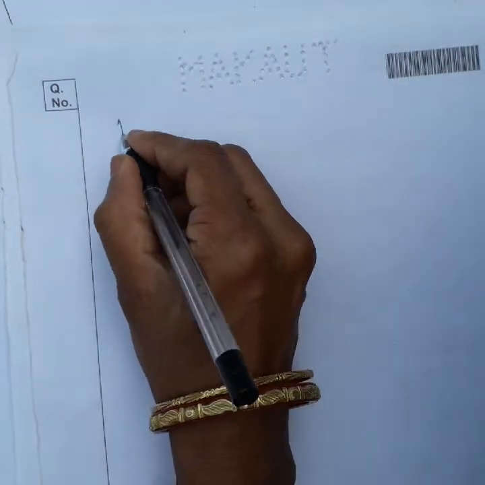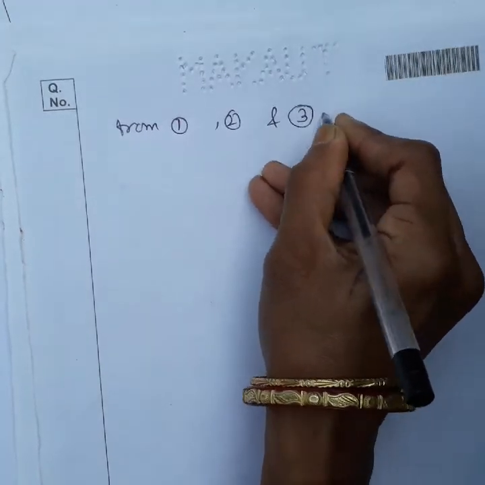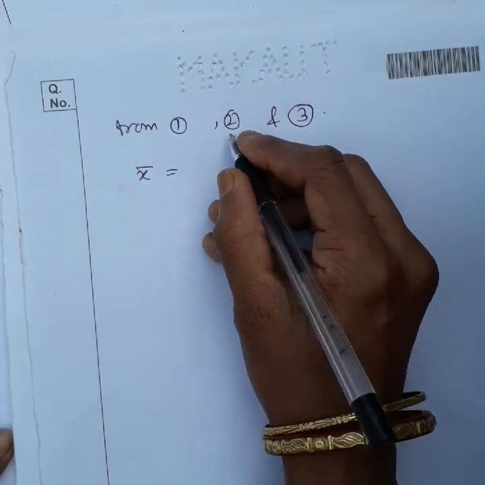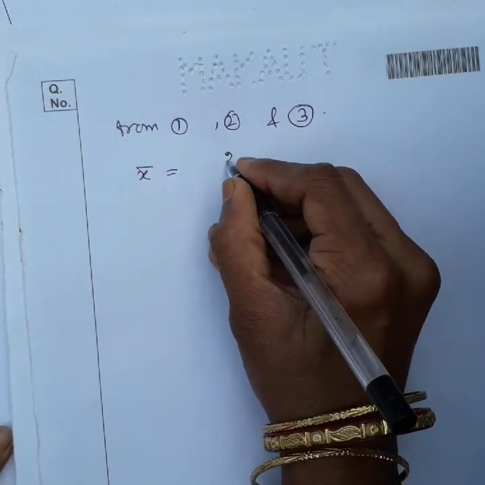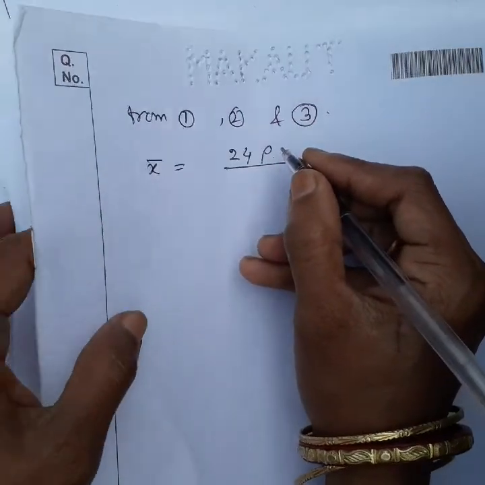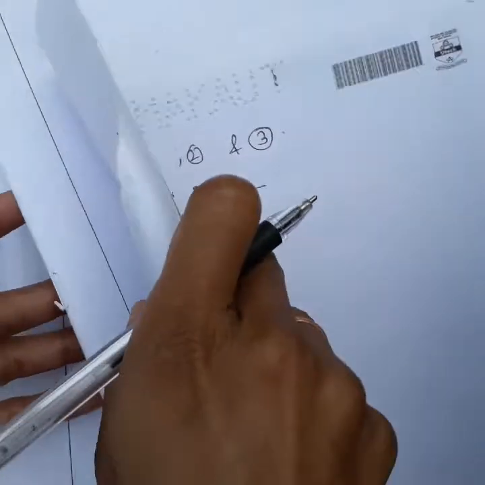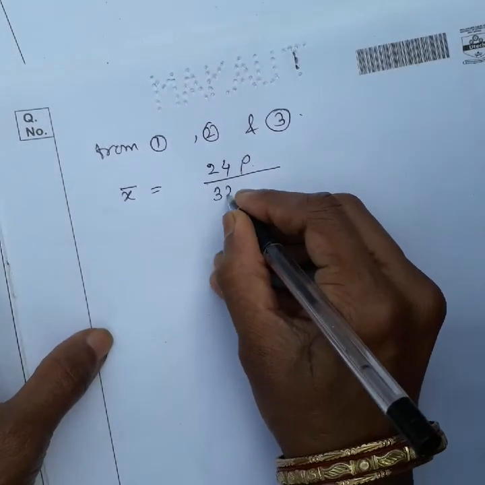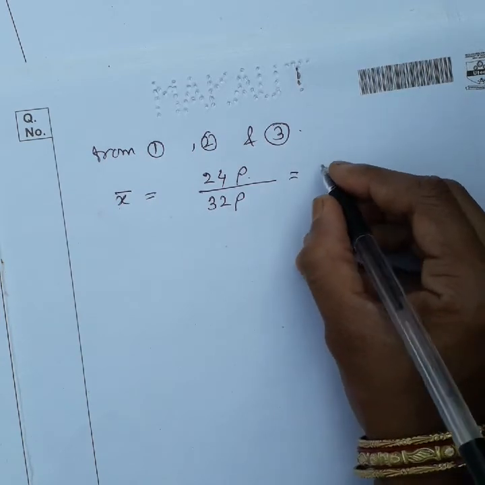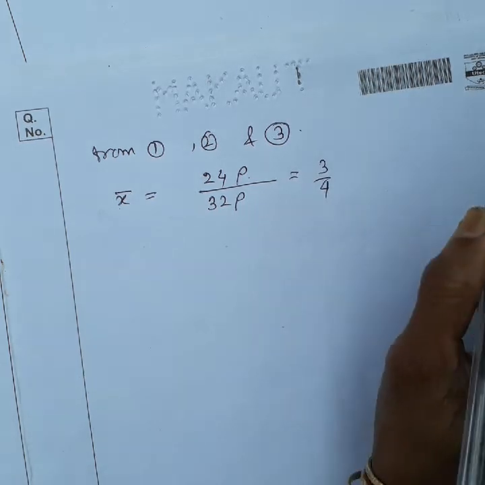Okay, so that means from 1, 2 and 3, x bar is equal to 24 rho by 32 rho, that is equal to 3 by 4.